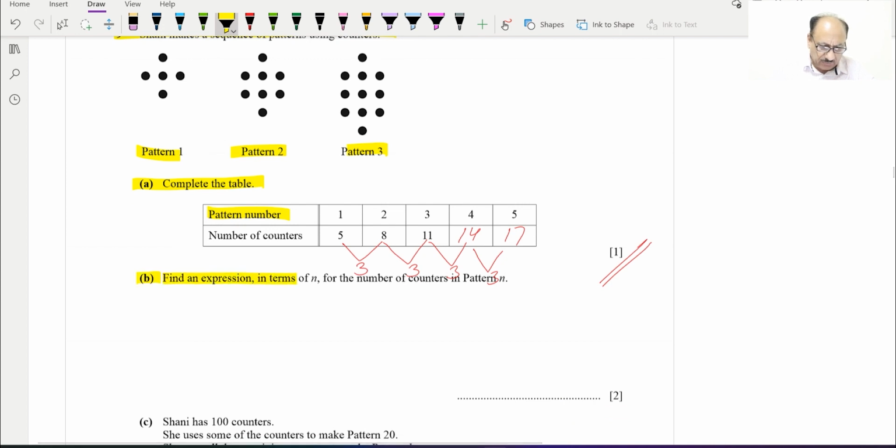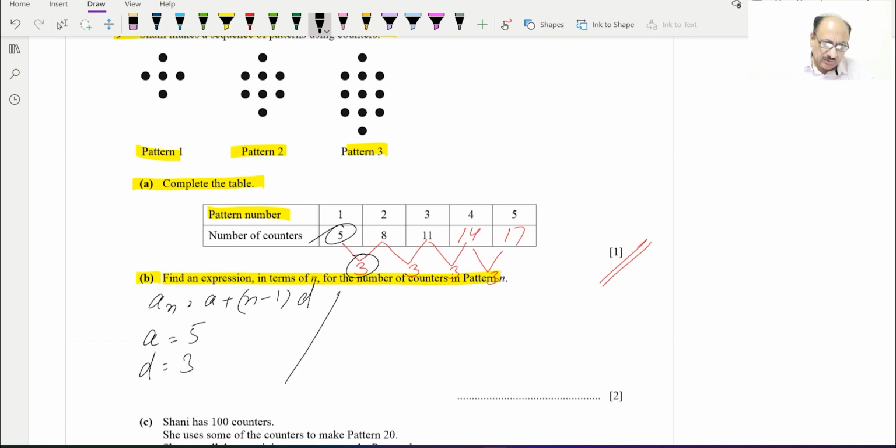Part B: find an expression in terms of n for the number of counters in pattern n. So basically we are using the formula. The formula is a_n is equal to a plus (n minus 1) times d. This is the formula we can apply, and the a value is 5, which is this one, and the d value is 3, which is this plus 3, and we can replace these values in this formula.